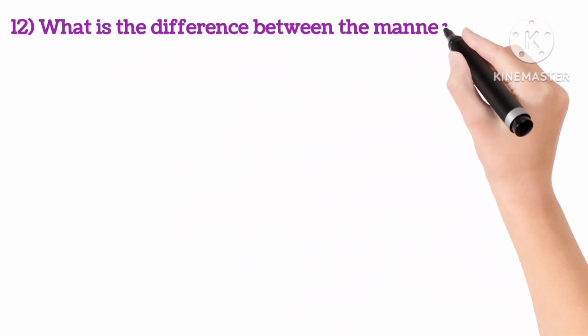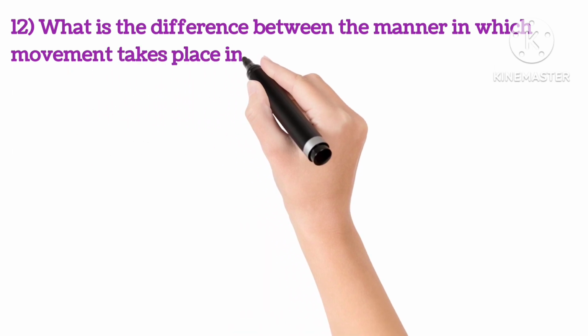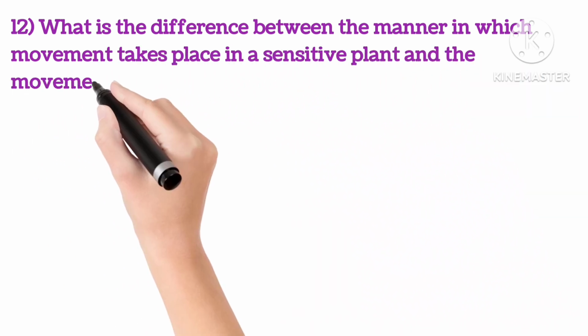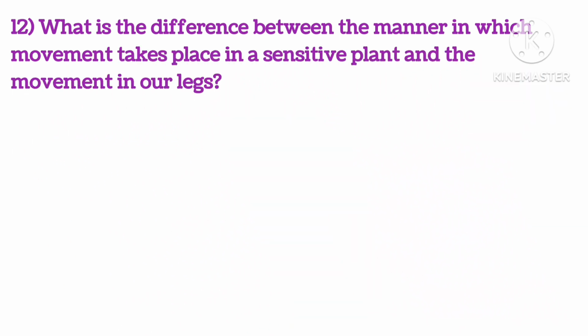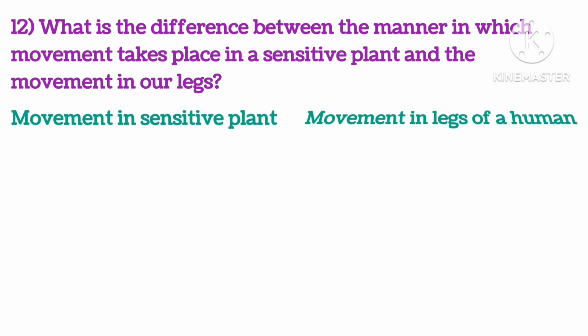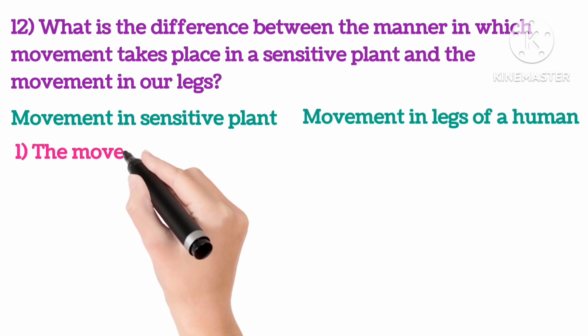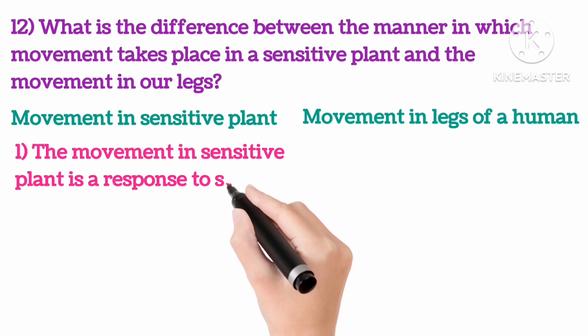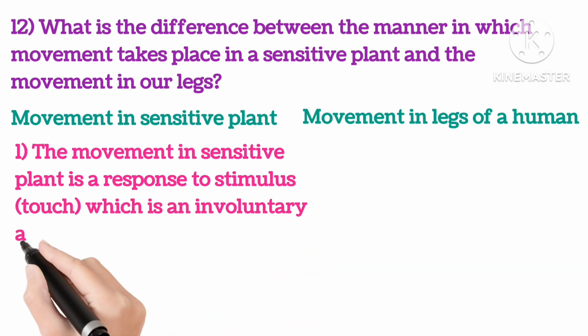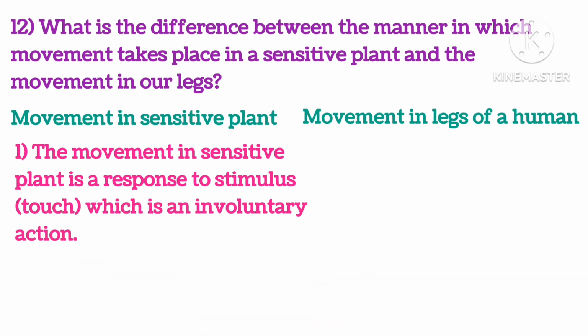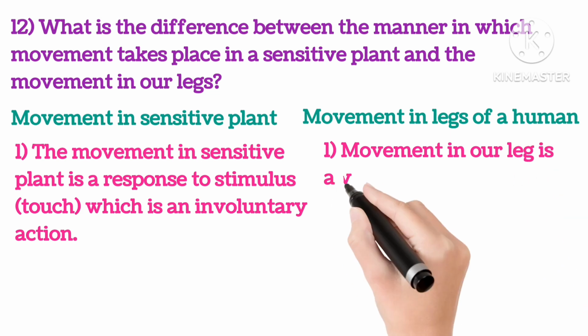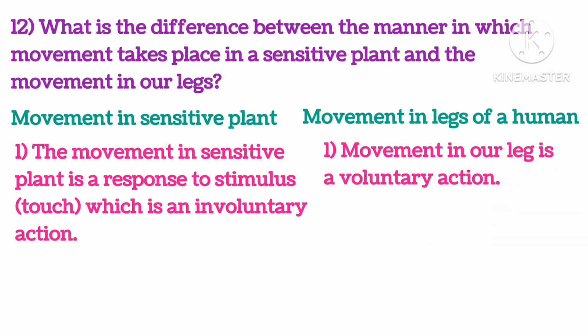What is the difference between the manner in which movement takes place in the sensitive plant and the movement in our legs? So the difference between movement in the sensitive plant and the movement in the legs of a human. In movement of the sensitive plant, the movement is the response to the stimulus touch, which is an involuntary action. Movement in our legs is a voluntary action.